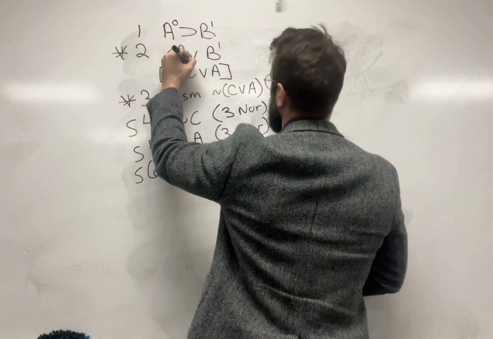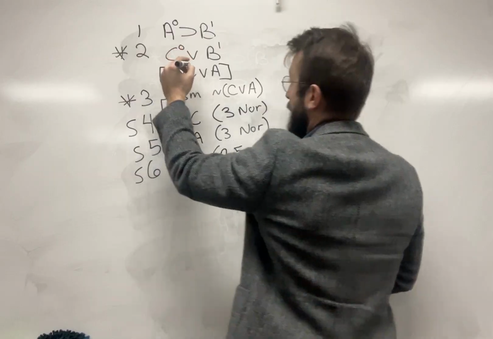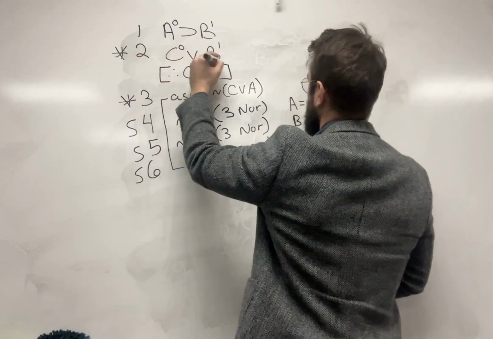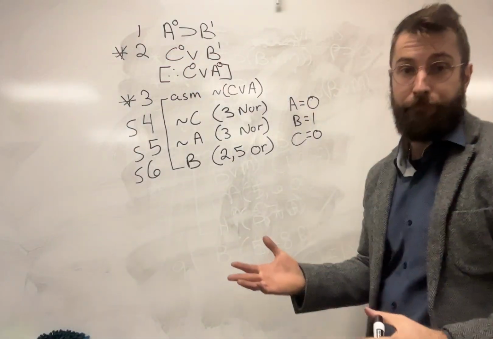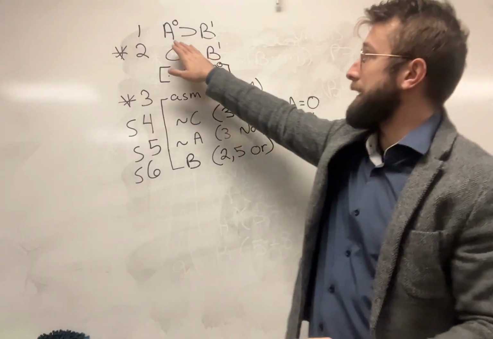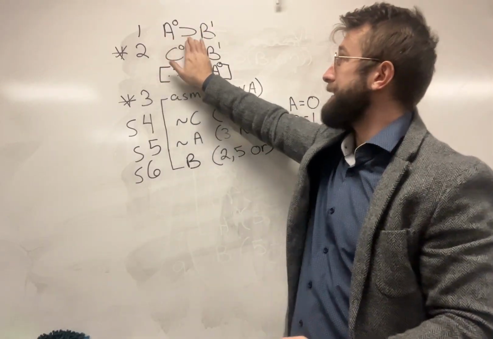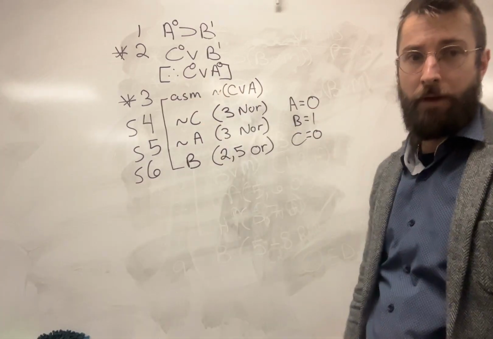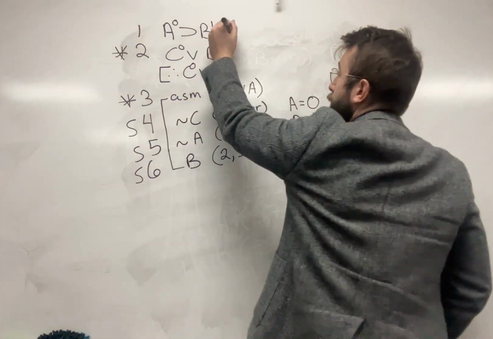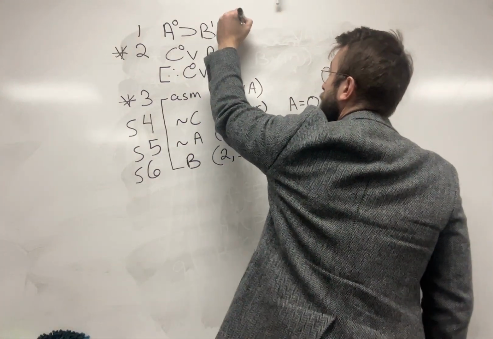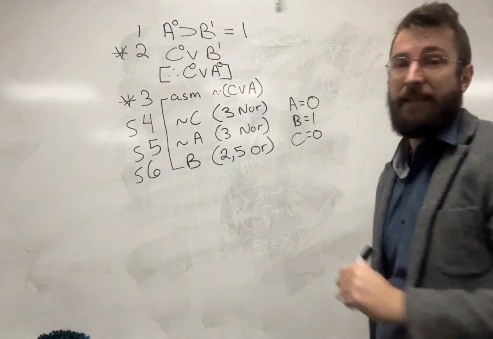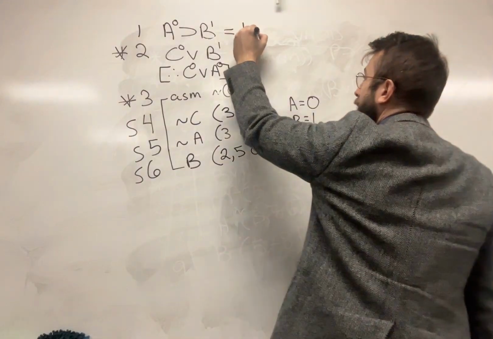And let's see if it is true that I can have two true premises and a false conclusion. So let's think, what is the truth value of a false claim entailing a true claim? Well, a false claim entailing a true claim is actually true. I say it's 1, it's true. It's exactly what we want it to be.